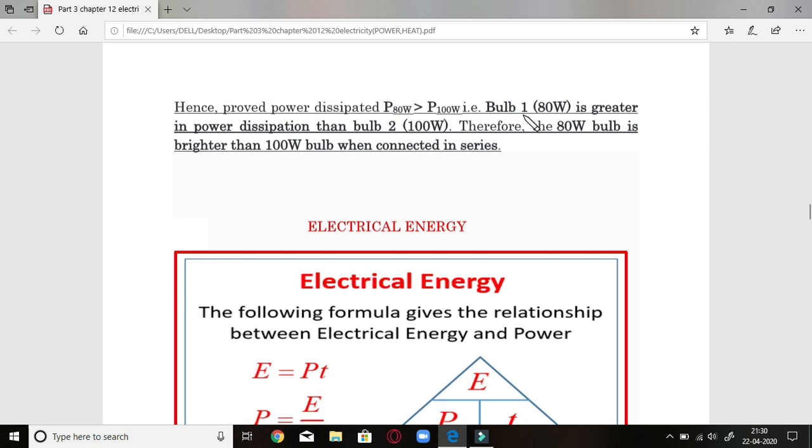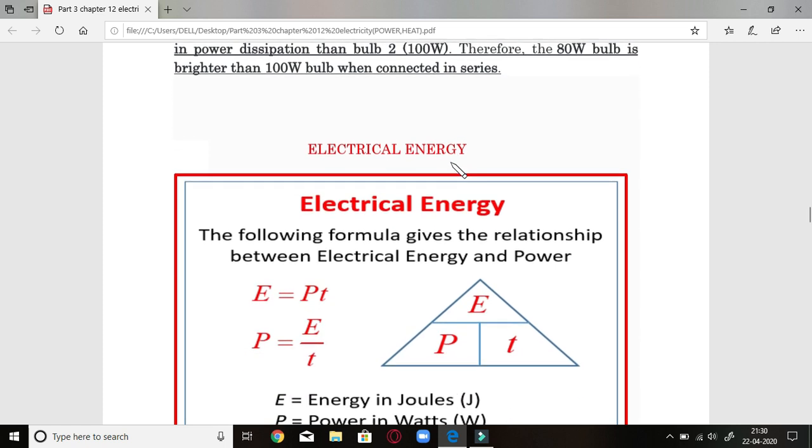That is, bulb 1, which is rated as 80 watt, has greater power dissipation than bulb 2, which was rated as 100 watt. Therefore the 80 watt bulb is brighter than the 100 watt bulb when connected in series. I hope you understood why there is a difference in the power of the two bulbs when they have different power ratings.